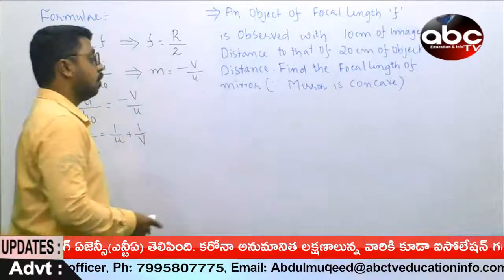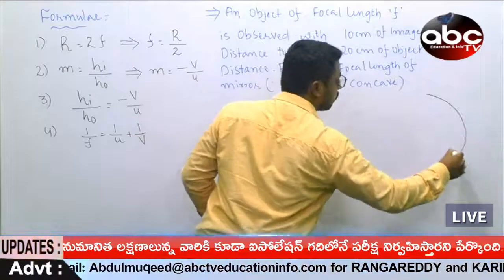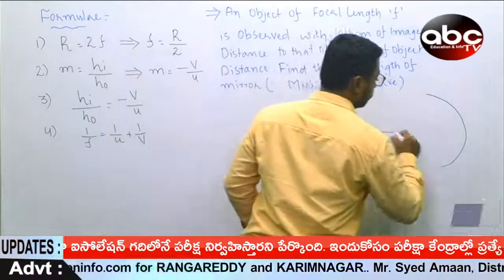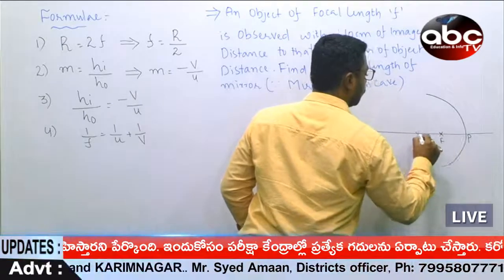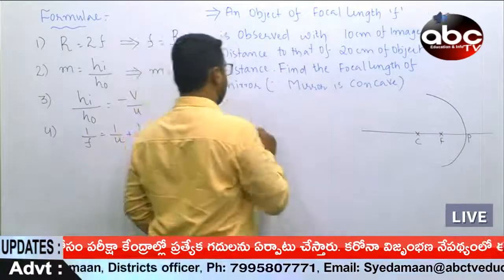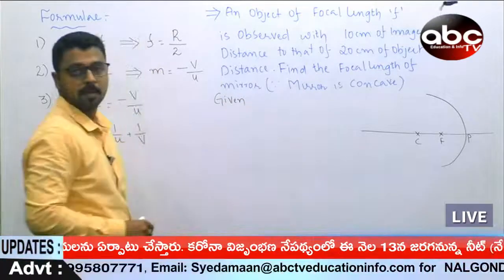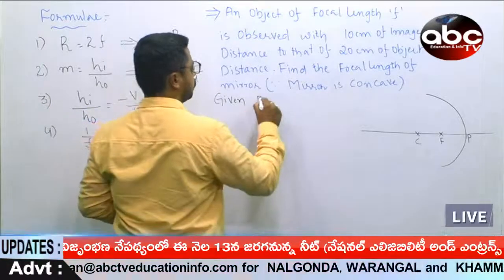So how? What are we going to do? Before that, let us take a diagram. Okay, diagram అనేది తీసుకుందాం. You listen. P, F, C. And what is given first of all? Focal length to be found out.